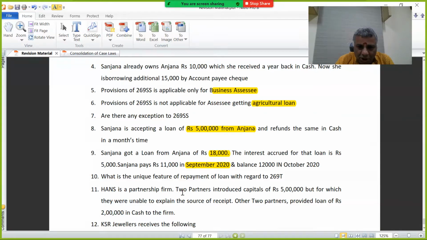Hans is a partnership firm. Two partners introduced 5 lakhs, but they were unable to explain the source of receipt. We have already seen the M. Venkateshwara Rao case, where only the firm can be proceeded against, not the partner, for unexplained cash credit. Other two partners provided 2 lakhs in cash to the firm.